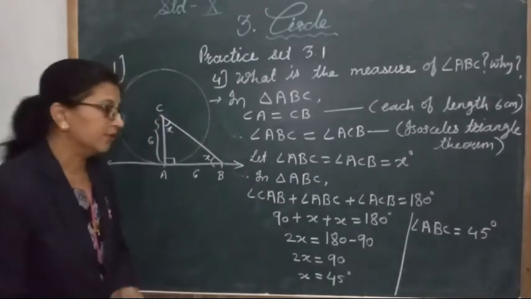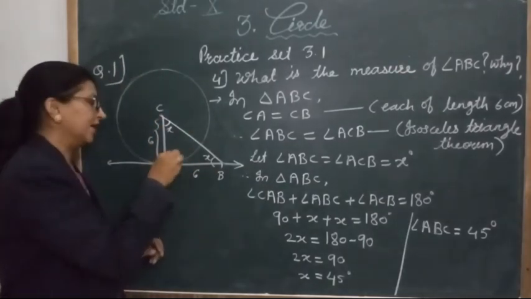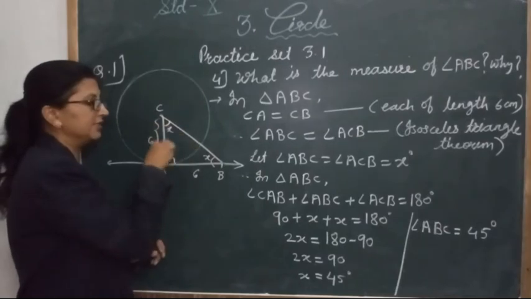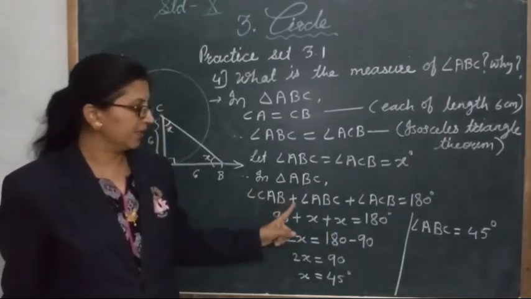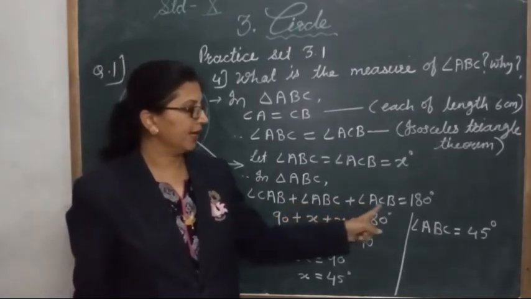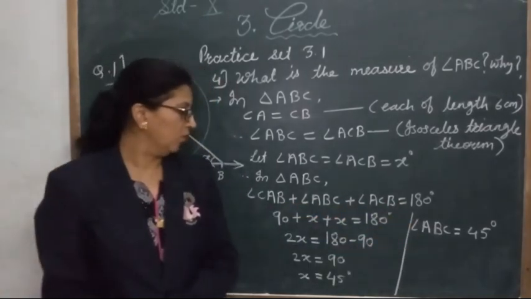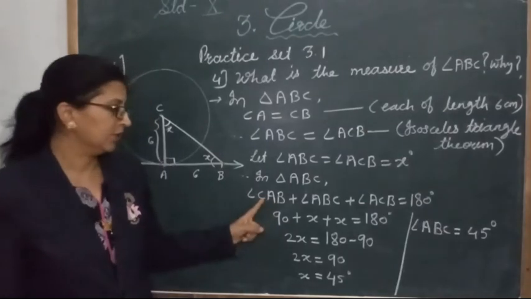So in triangle ABC, the sum of all three angles is equal to 180 degrees. That is angle CAB plus angle ABC plus angle ACB is equal to 180 degrees. Now let's put in the values.